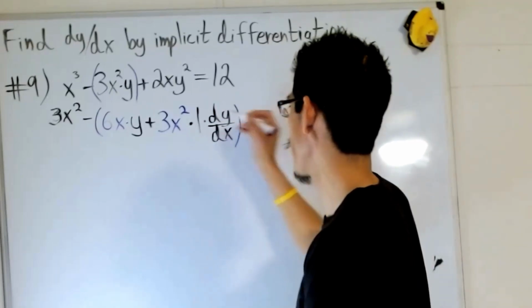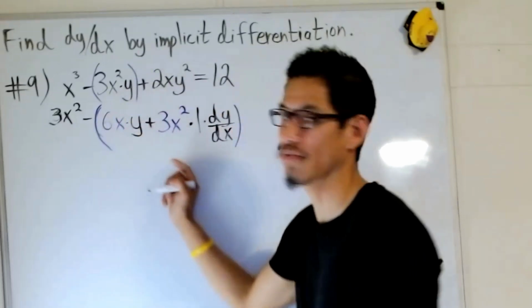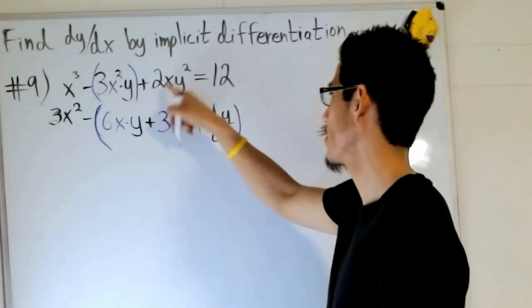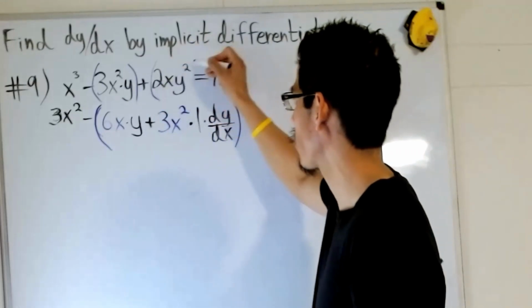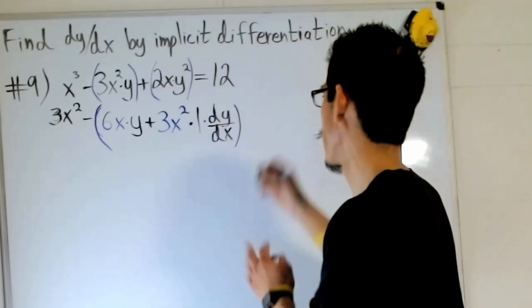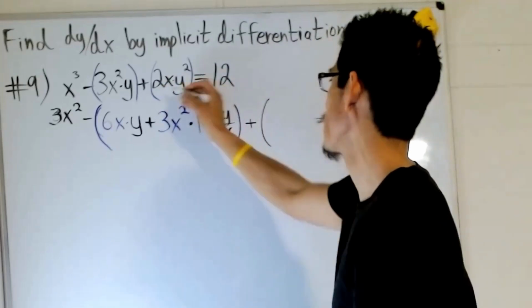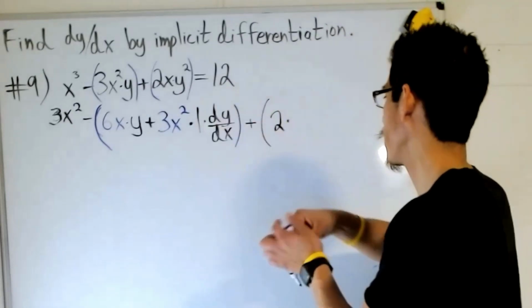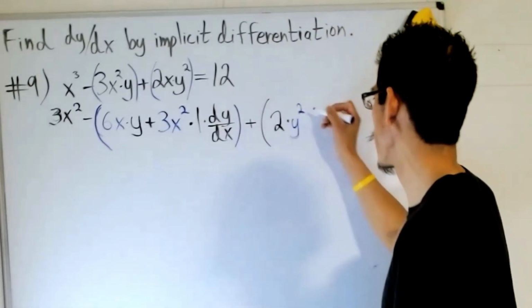That's really the main thing you have to remember when you're doing implicit differentiation. And then we continue as usual. Here we also have product rule. So we're going to take the derivative of 2x, which will just be 2, times y squared as is.